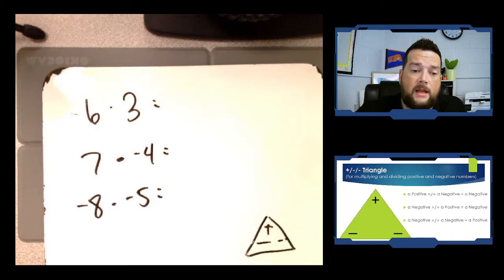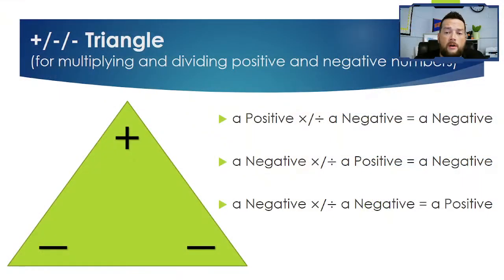The tool just tells us what the rules are. If you remember what the rules are, there's the rules listed over there. And the tool, if you forget what the rules are, will tell you. So it's basically saying a positive times a negative is the one that's left over.